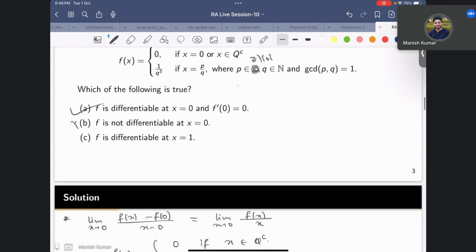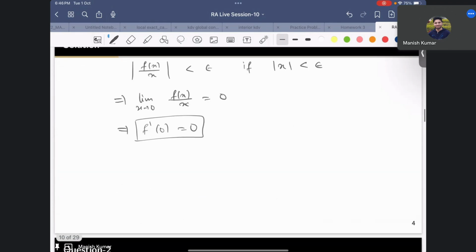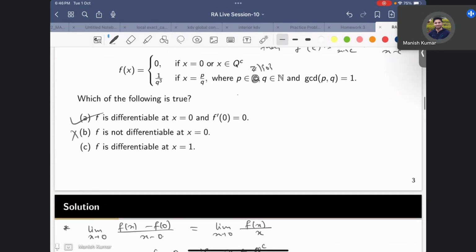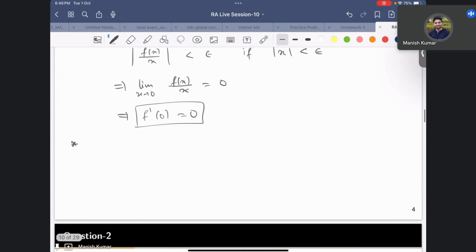Second, okay, so now let's talk about differentiability at 1. So first let us see what is f of 1. F of 1 by definition is going to be 1, correct? So f of 1 is equal to 1.